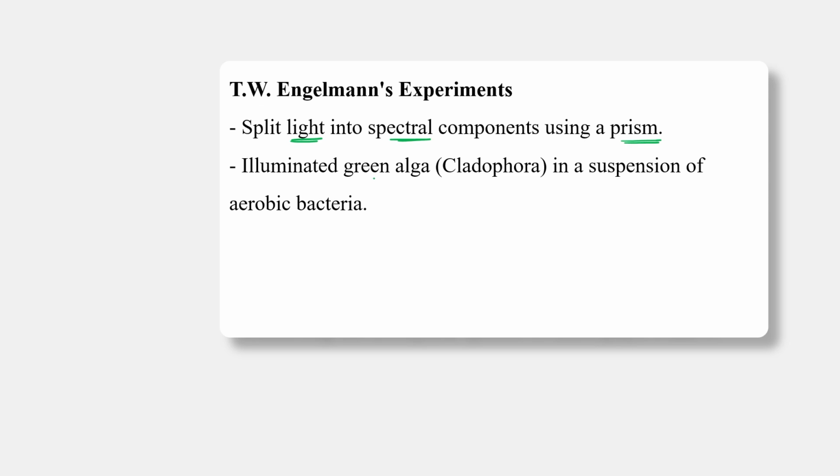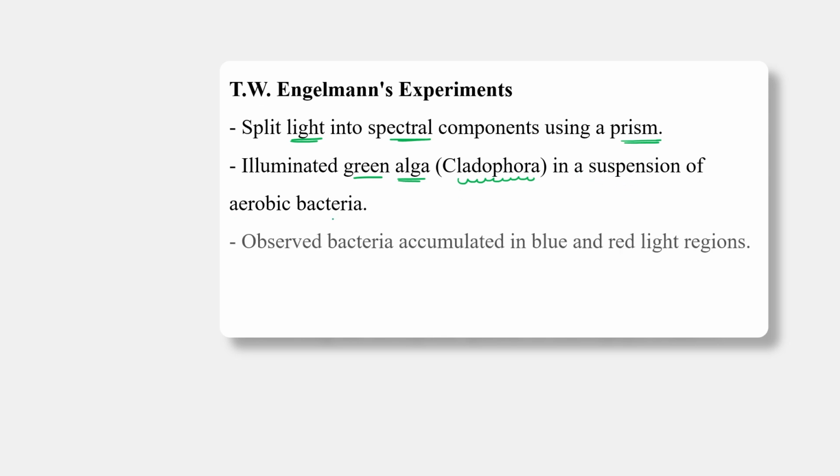Okay, he illuminated a green alga known as Cladophora, which is present in a suspension of aerobic bacteria, and he observed that accumulation of those bacteria occurred in the blue region and the red region of the light. Those aerobic bacteria accumulate only in those areas where, obviously, oxygen is available. These bacteria are aerobic in nature, means they need oxygen for their growth.